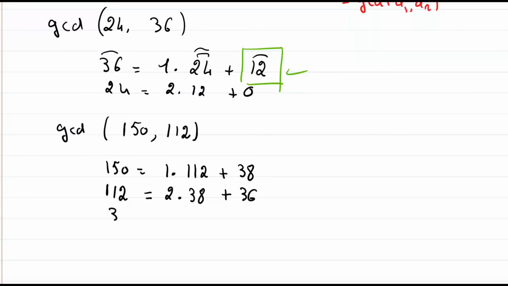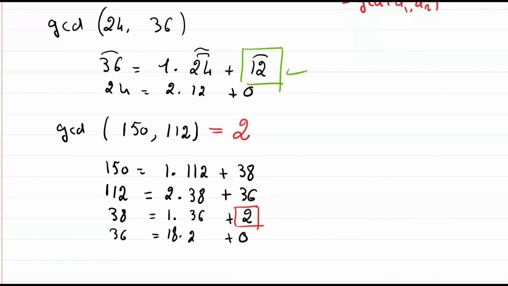Now I take 38 with 36. 38 is 1 times 36 plus 2. Now it becomes very easy to see. I take 36 and 2. 36 is 18 times 2 plus 0. So I got to 0, and the last non-zero remainder is just 2. So the greatest common divisor is 2.